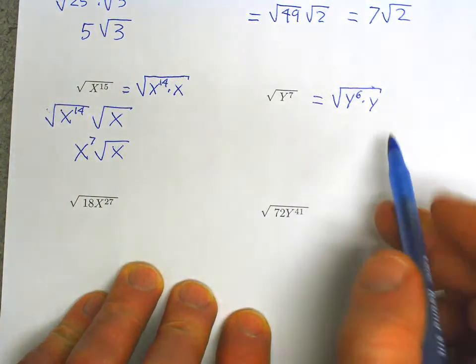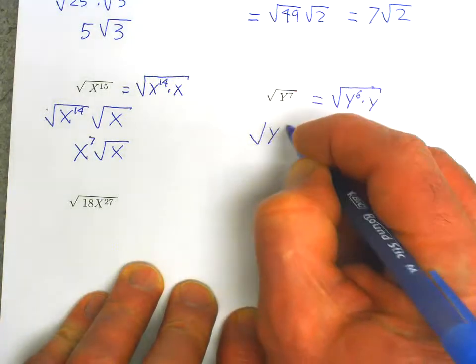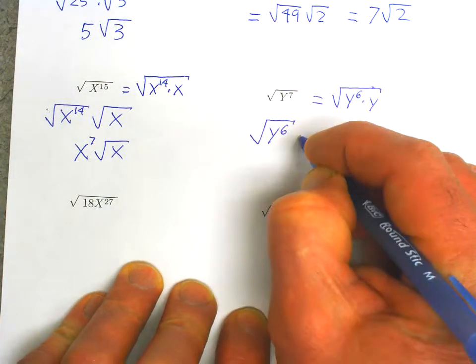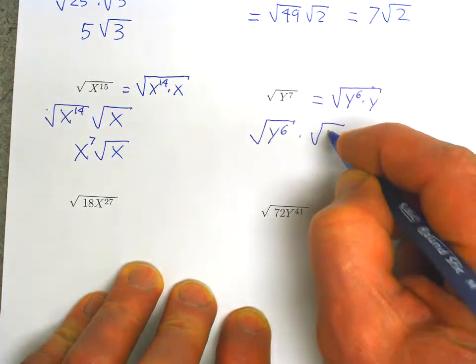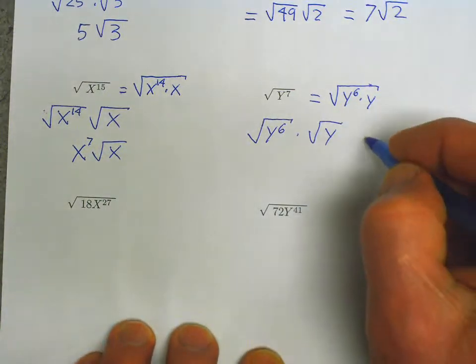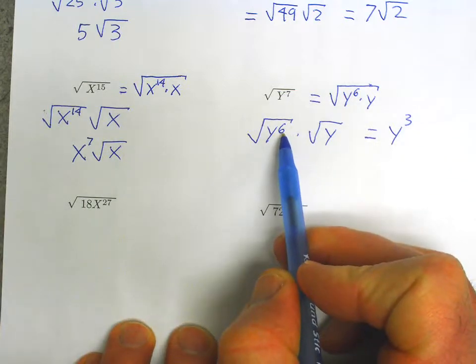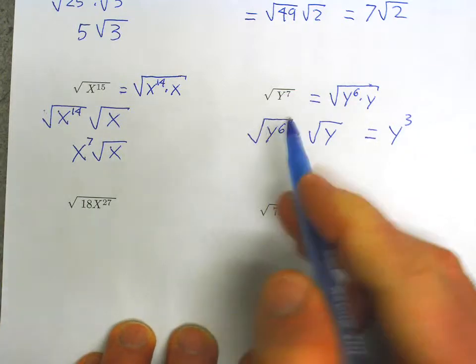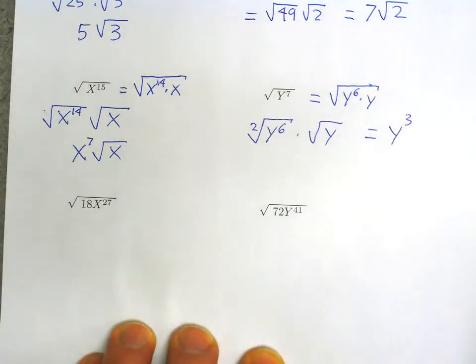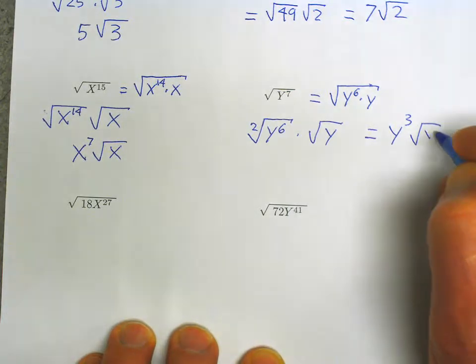And then we can rewrite the square root of y to the 6th times y as the square root of y to the 6th times the square root of y. And the square root of y to the 6th simplifies to y to the 3rd, because the exponent 6 divided by the index 2 is 3, and then we multiply y to the 3rd times the square root of y.